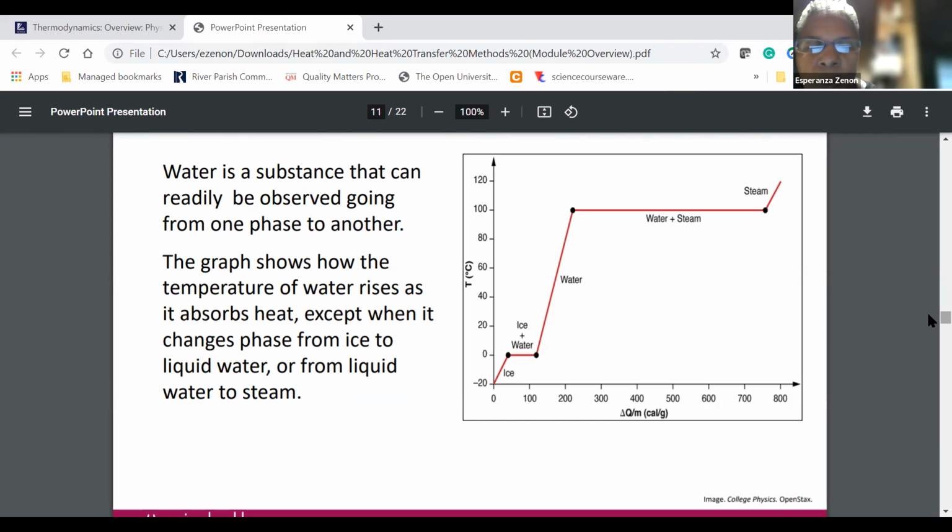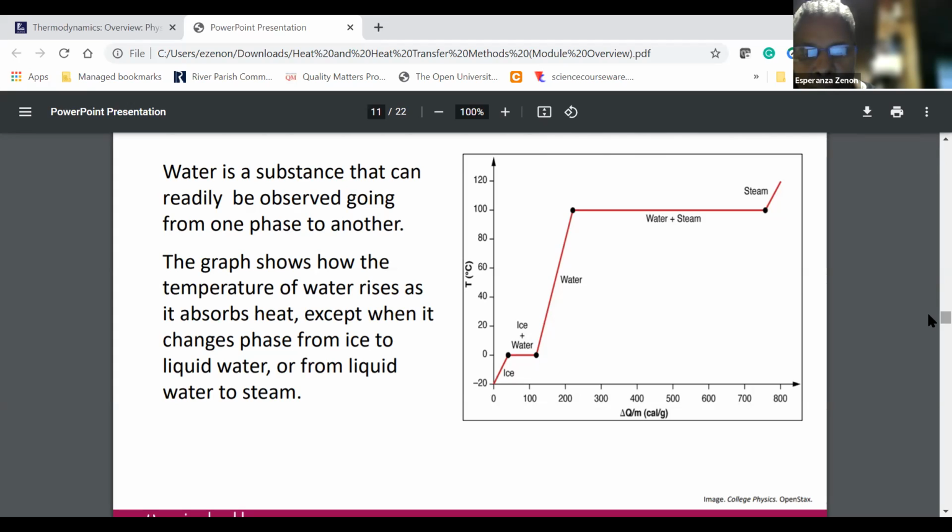So notice we start off with ice at negative 20 degrees Celsius, and then we heat it up until its temperature becomes 0 degrees Celsius. So while you're going from minus 20 degrees Celsius all the way up to 0 degrees Celsius, you're changing the temperature, but it's remaining in the phase of ice.